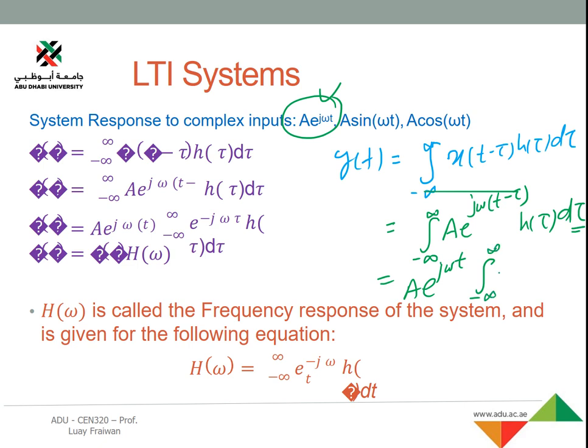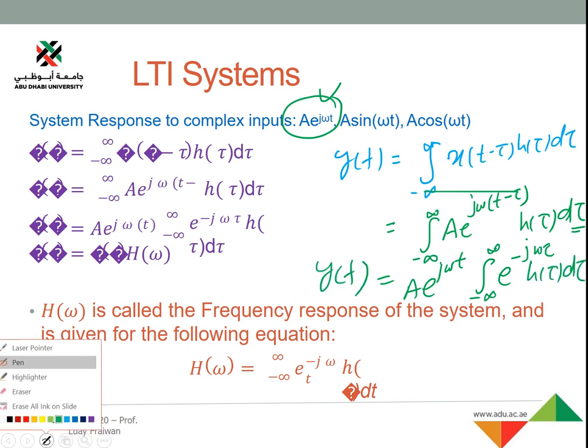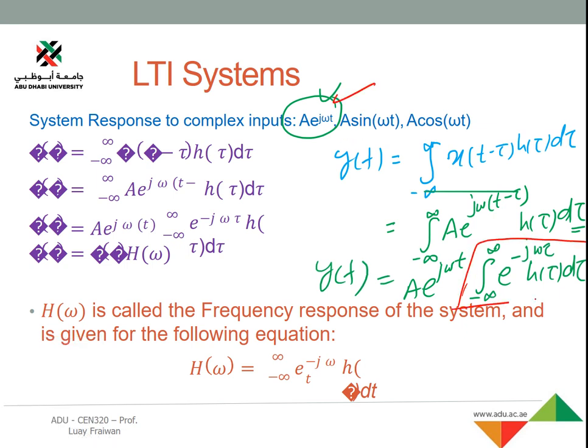So I will have the integral of e to the power minus j omega tau into h of tau into d tau. So this will be my output for the input of this one. Basically this thing is called the frequency response of the system. So I can write that y of t is the input times the frequency response of the system.